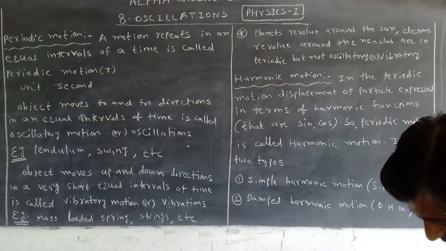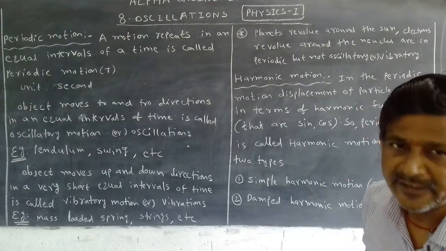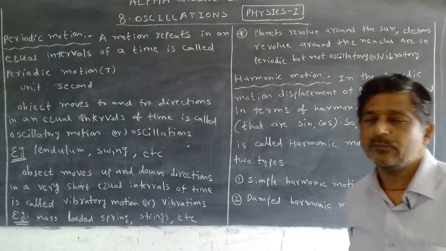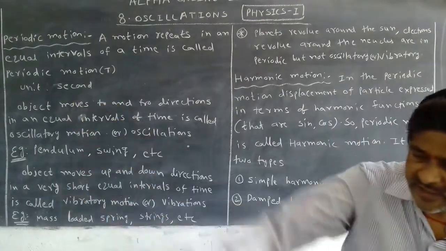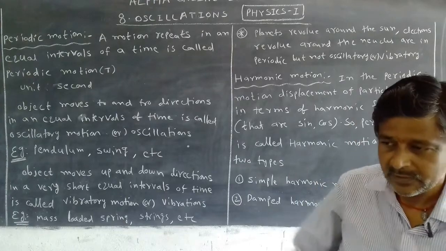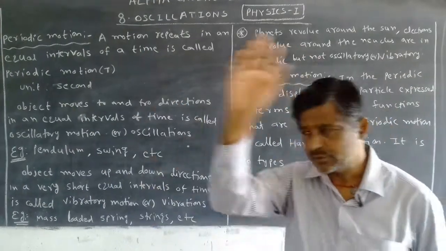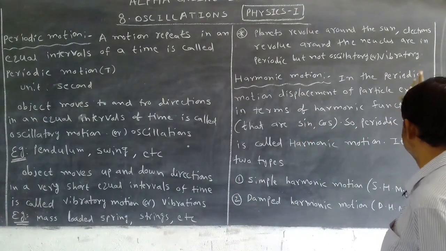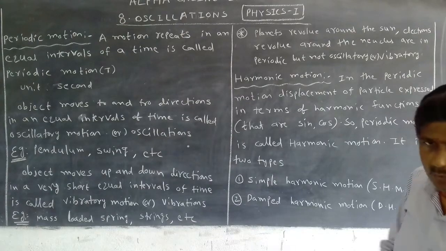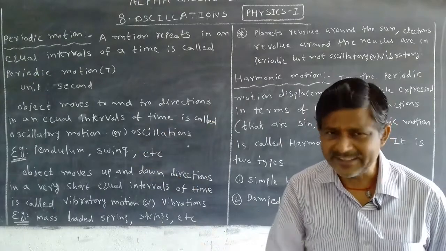Now, harmonic motion, this is another technical word in this chapter. In periodic motion, either oscillatory or vibratory, only these two, there is displacement of particles. A pendulum is a combination of a number of particles.